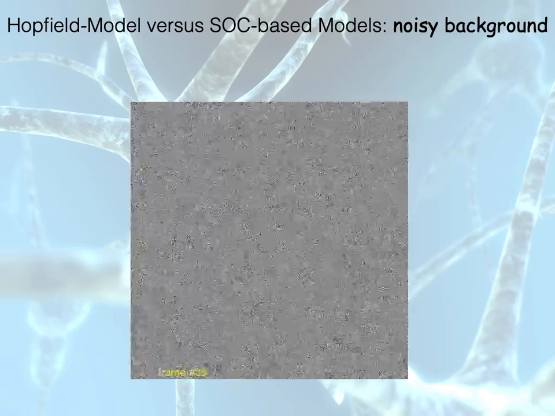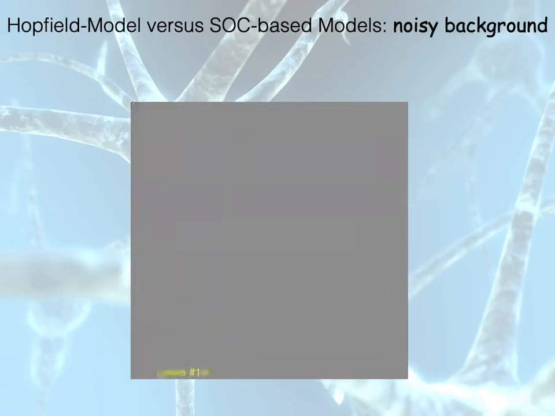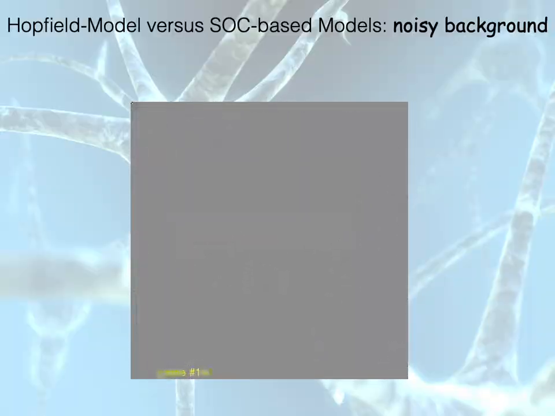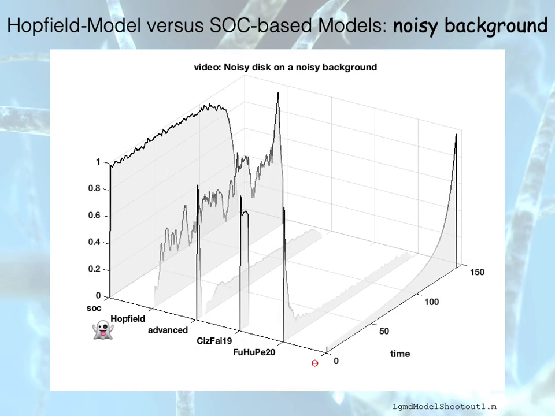So again, and another time. And now let's have a look at the response curves. Okay, the SOC curve is overwhelmed by the temporal contrast that is generated by the white noise background that is changing from one time step to the next.